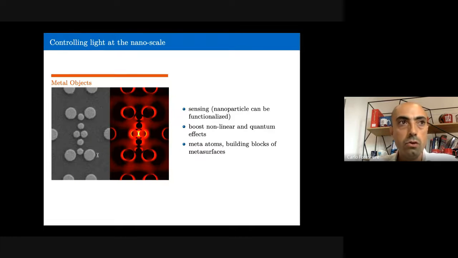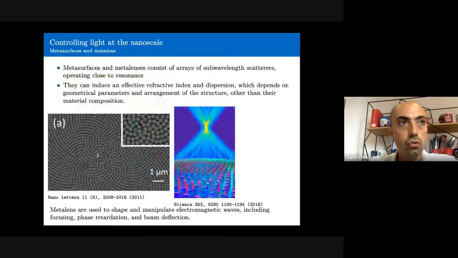Once we know how to see and fabricate things at nanoscale, the next question is how we can use this technology to control the electromagnetic field at nanoscale. In principle, we want to use these small objects to control the flow of light at nanoscale.